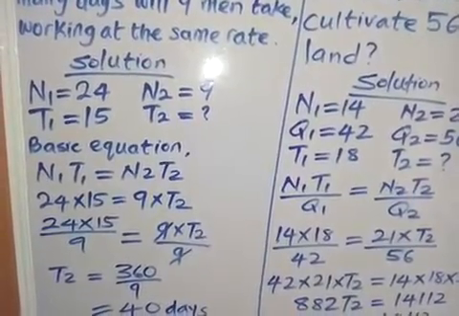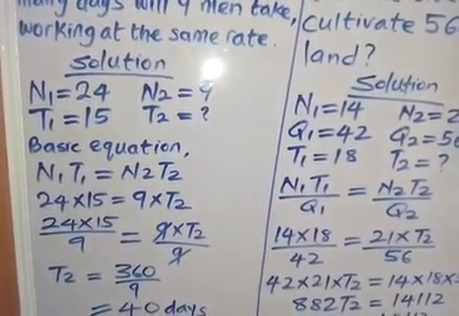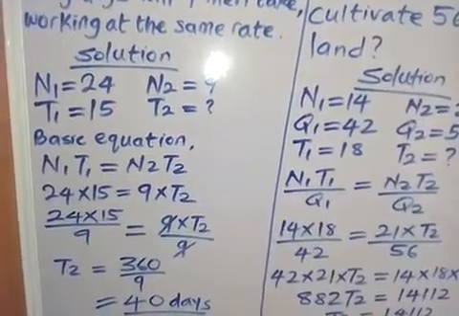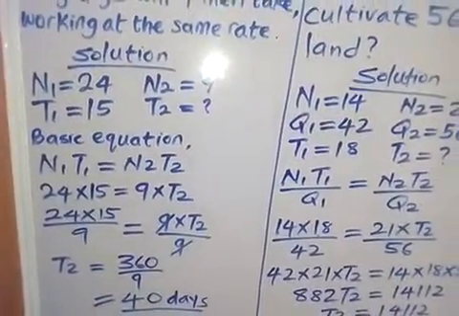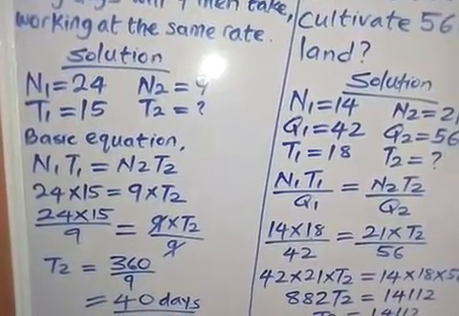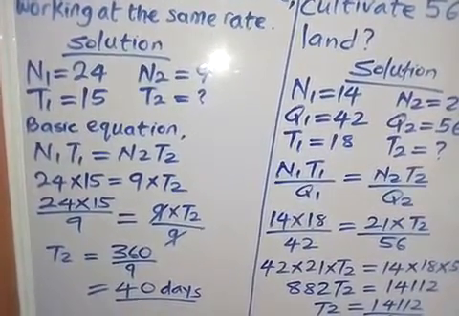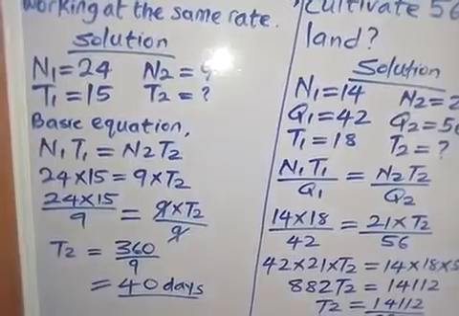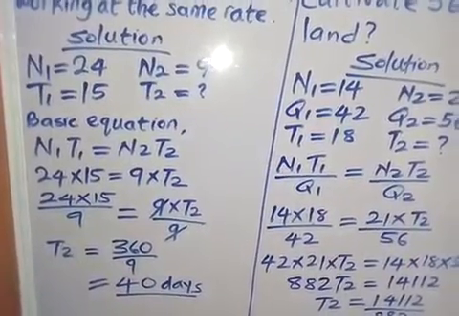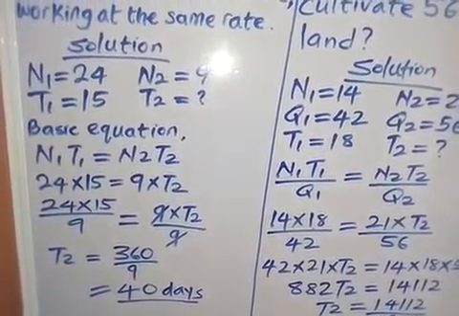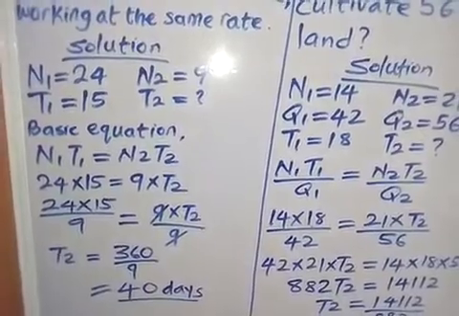Now we'll make T2 the subject of the formula, which implies we are dividing both sides by 9 for T2 to stand alone. So we have 24 multiplied by 15 all over 9 equals 9 times T2 all over 9.